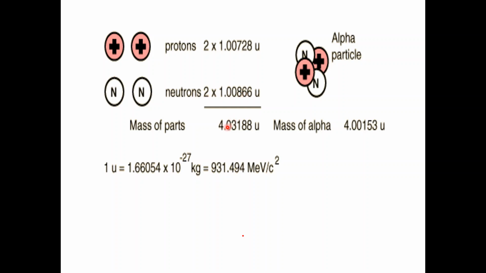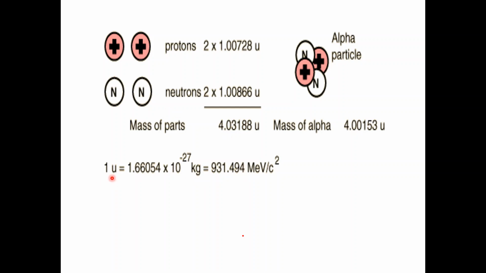So the total mass of the particles is equal to 4.03188 U. From here you can easily find the mass difference between the alpha particle and the individual nucleons that constitute it.